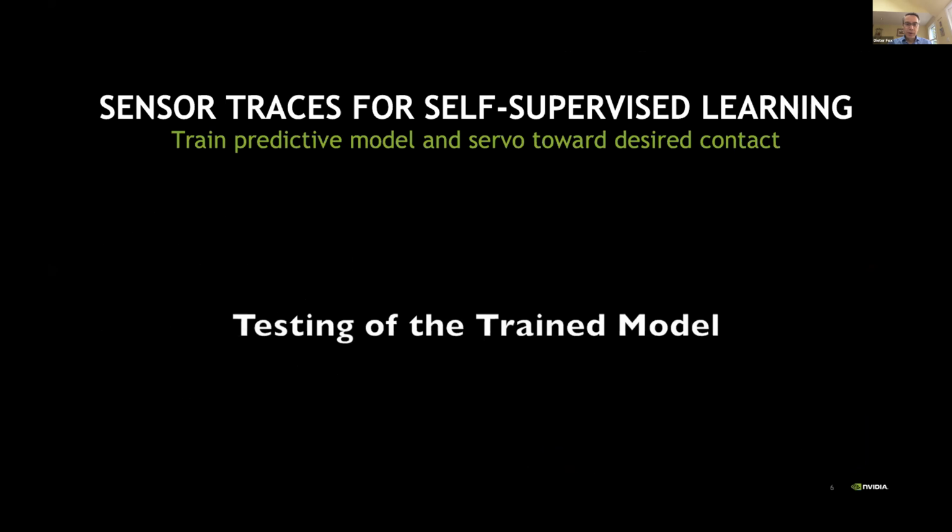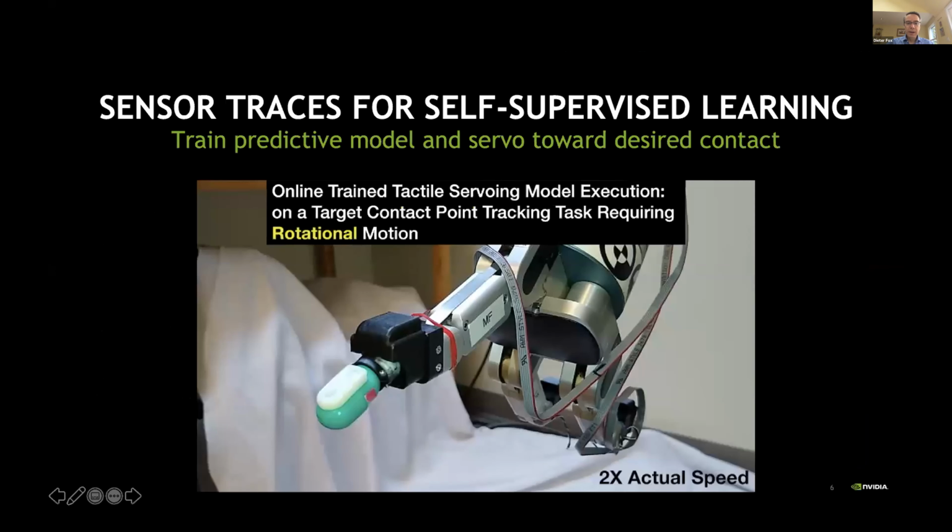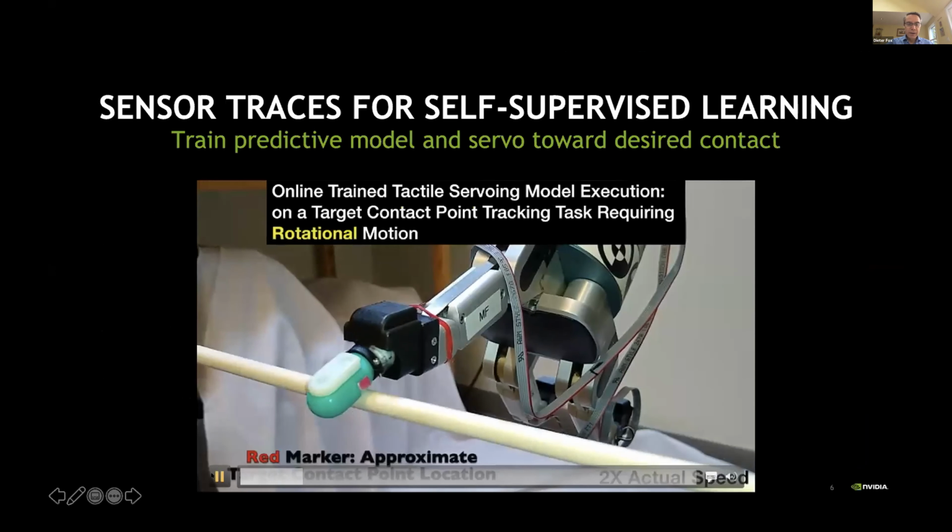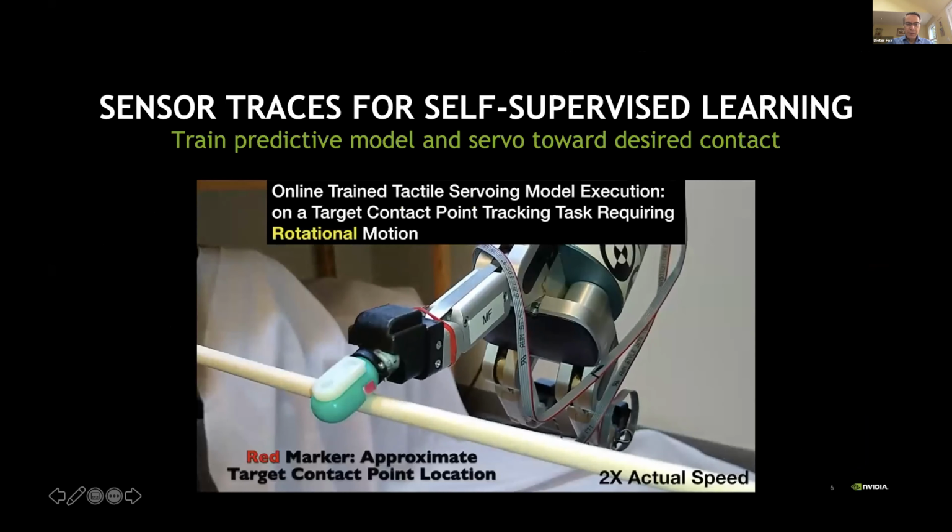But anyway, this works reasonably well here, where you can see in this case the robot is given a goal measurement such that the part that you can see here, that red marked piece on the fingertip, should sense the contact.